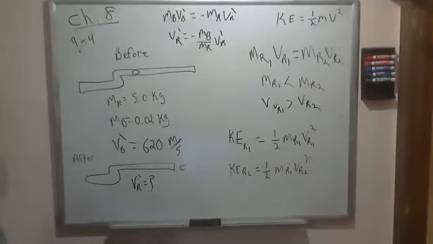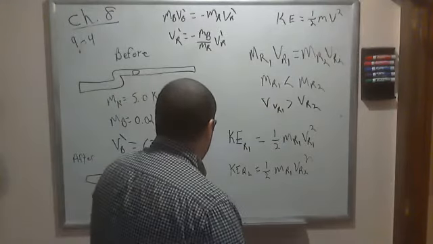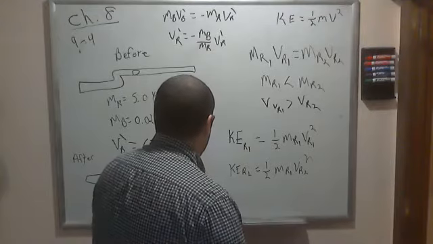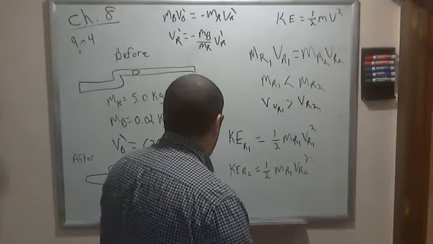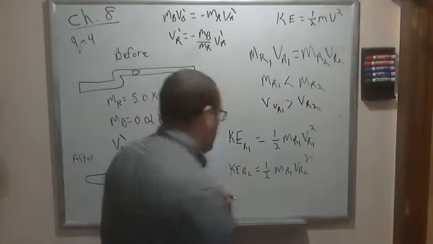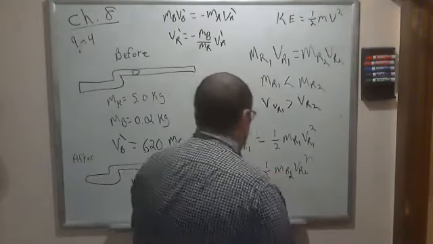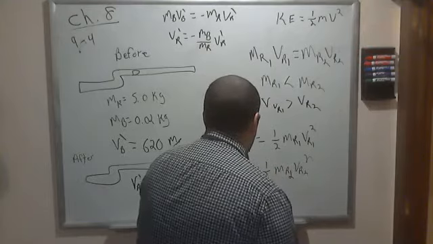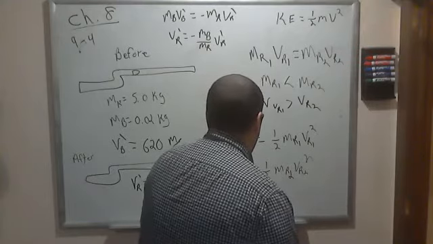Now, if we divide these two quantities, all right, the 2's go away.